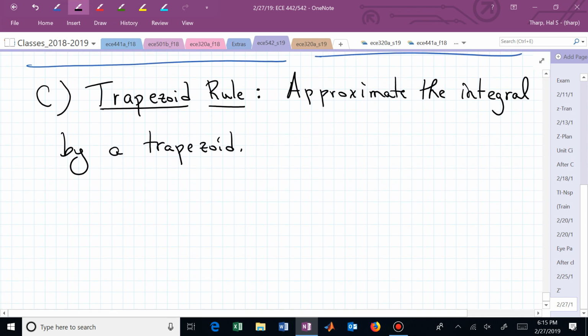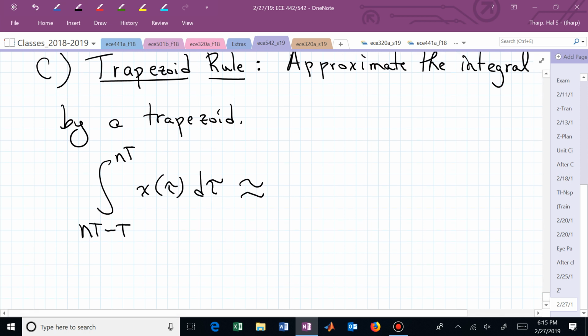Or this integral from nT minus T to nT of x of tau d tau is going to be what? What's the area of a trapezoid? Do we remember?